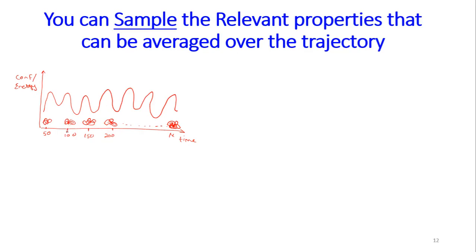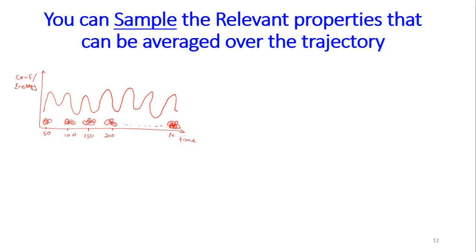Now you might be interested in some property of your system. Say you want to monitor how the free energy changed over this simulation. For every snapshot you have captured, you can calculate the property of interest, in our case the free energy.